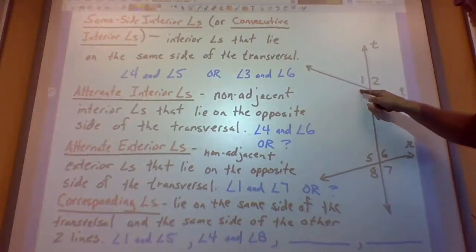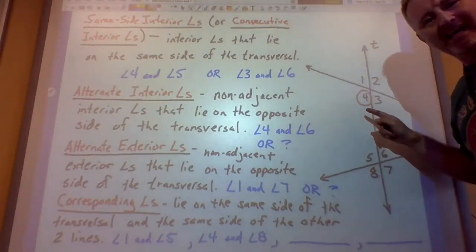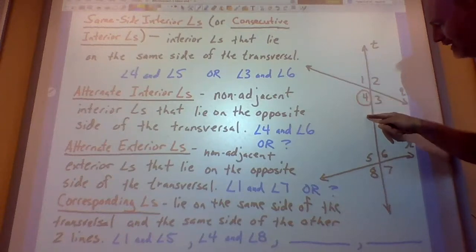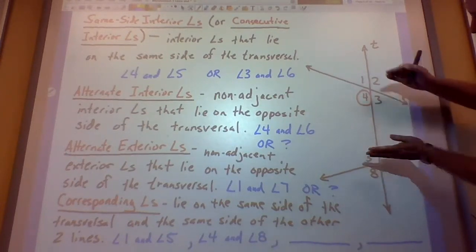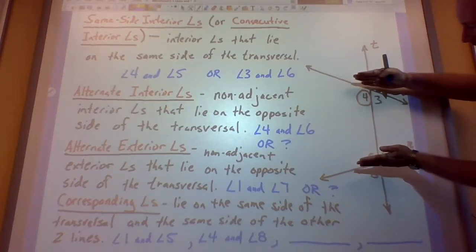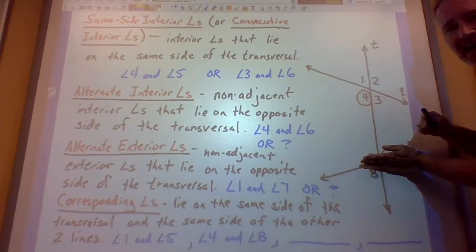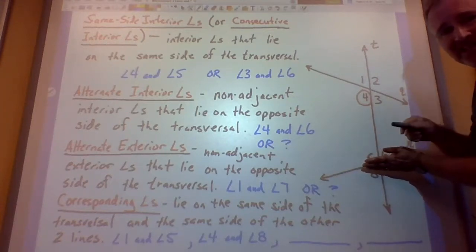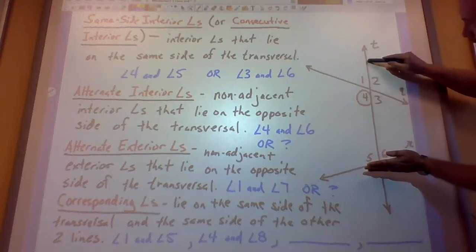So if I'm talking about 4, his same side interior buddy would be 5, because it's got to be somebody down here. He's got to be somebody on the interior, so right away, it's got to be 5 or 6. And then the fact that it's called his same side buddy means he's on the same side of the transversal.